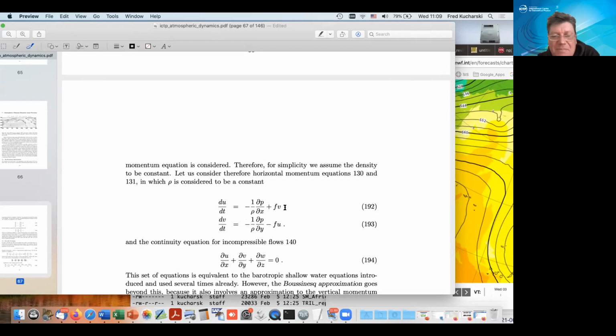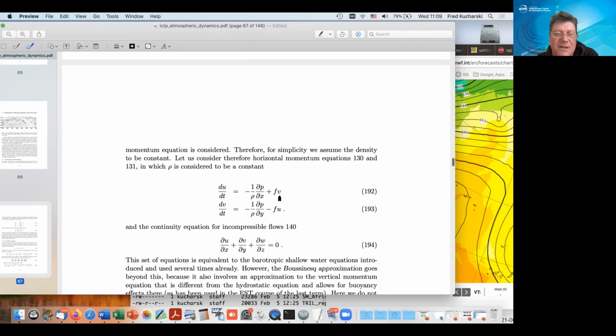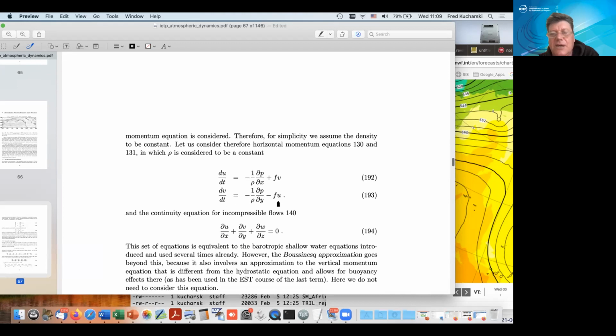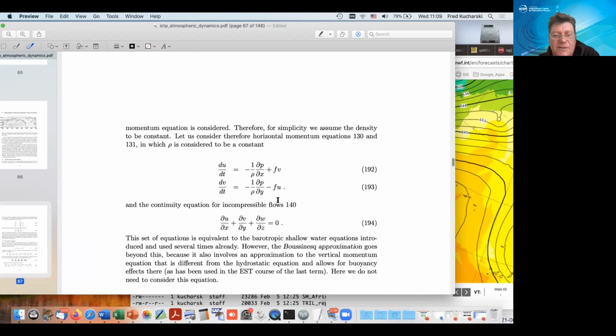We could include a frictional term here, but that is actually not the main effect directly acting on the flow that we are looking at, and we will derive why in this course. Then we have the incompressible condition, which is again that the three-dimensional divergence is 0. So this looks exactly like our shallow water equations.